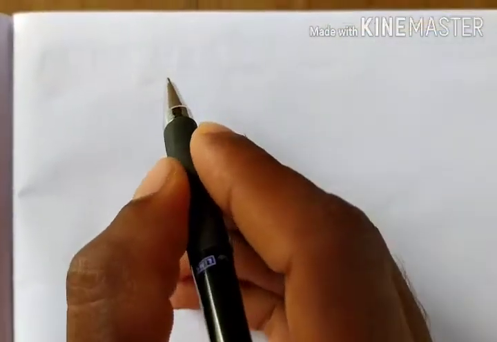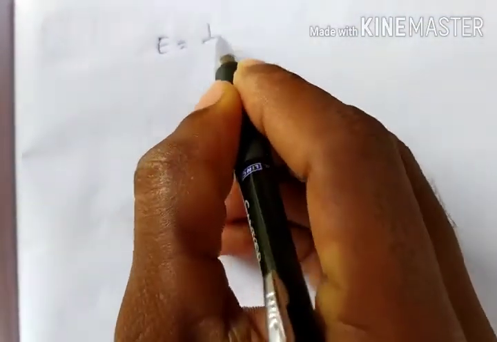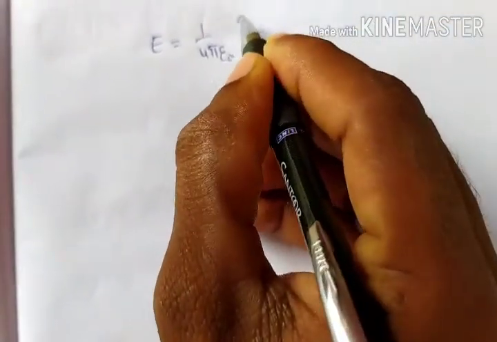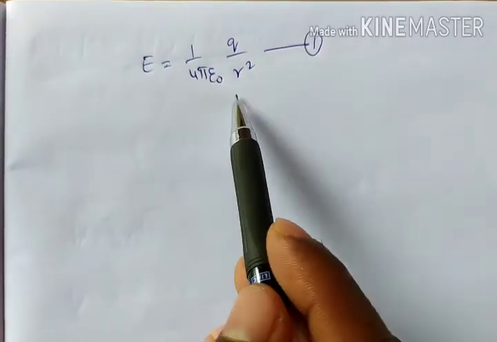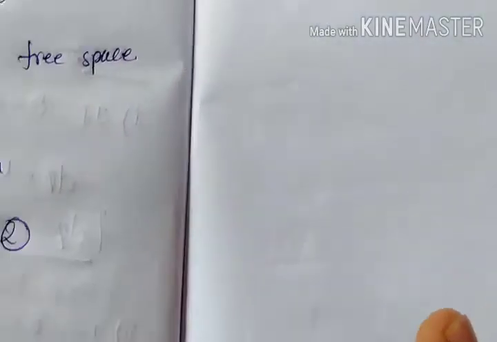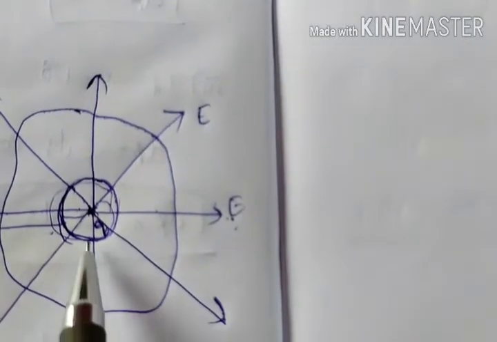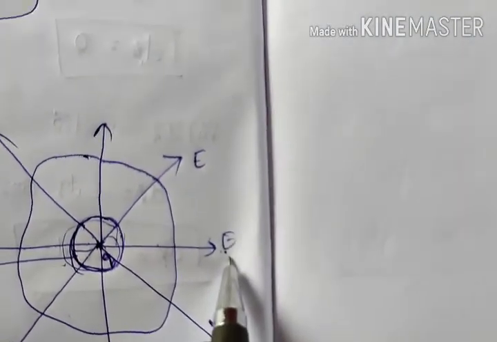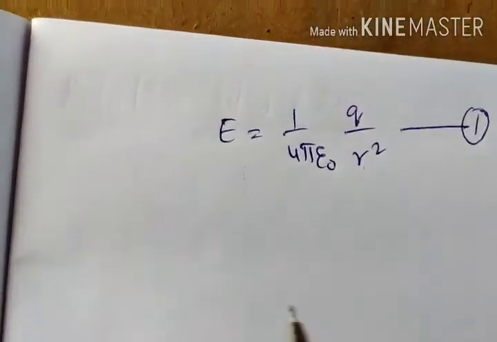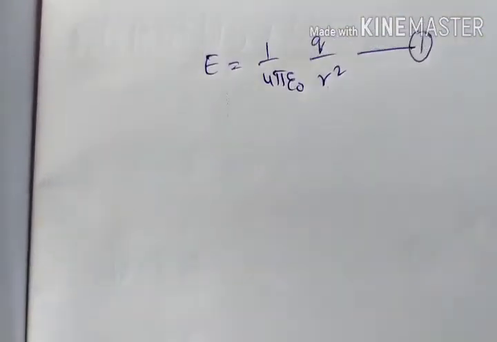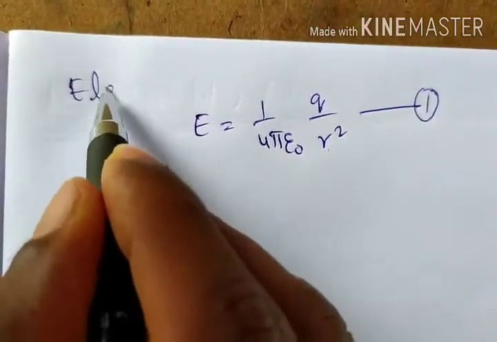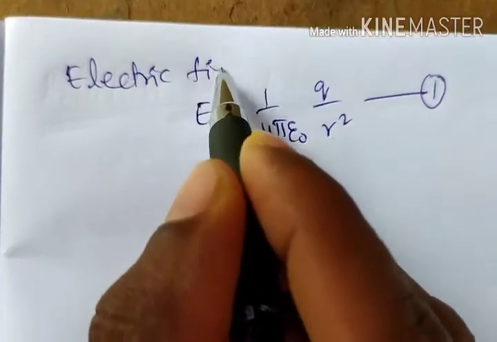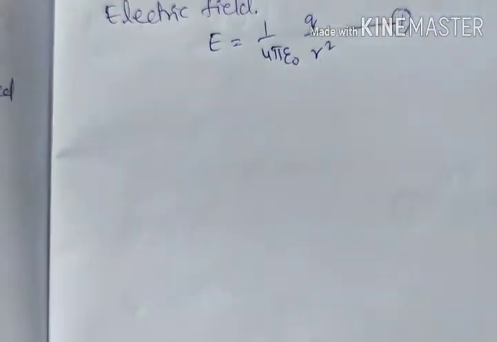Now we know the electric field formula: E is equal to 1 by 4 pi epsilon naught q by r square. This is equation 1, the electric field intensity, because the charge is developing some electric field. This is the electric field due to a point charge.